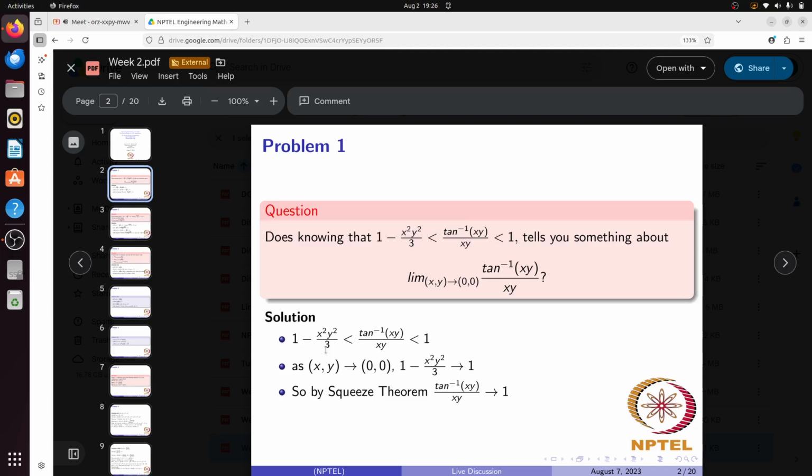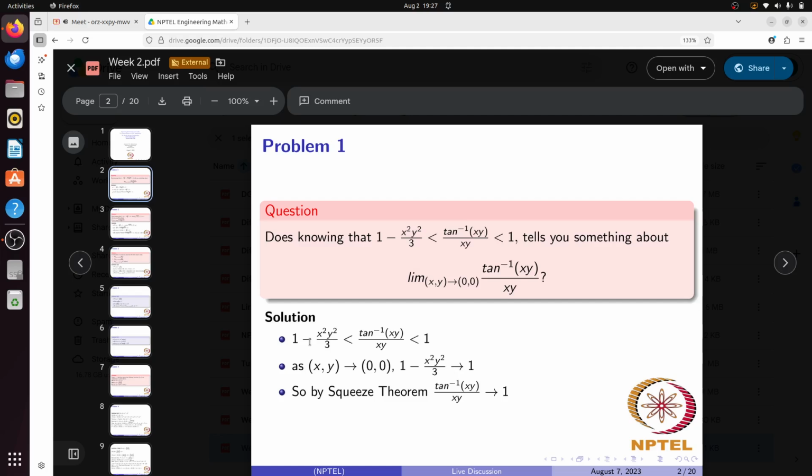If x and y both tend to 0 0, the left side becomes 1 minus 0 square into 0 square by 3, which is 1 minus 0. And the right hand entity is a constant, so as xy tends to 0 0 it remains 1.